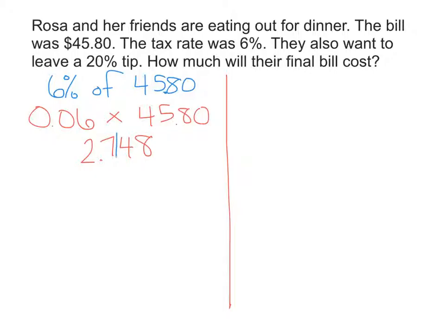Okay, so that means I need to round. So we look at the number next to it. Okay. Remember, if the arrow is pointing to a number that is 5 or bigger, that we round up. So we are going to write everything up to that box, and then we're going to round that 4 up. So it'll give us $2.75.